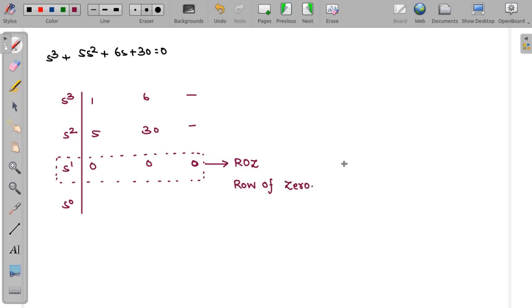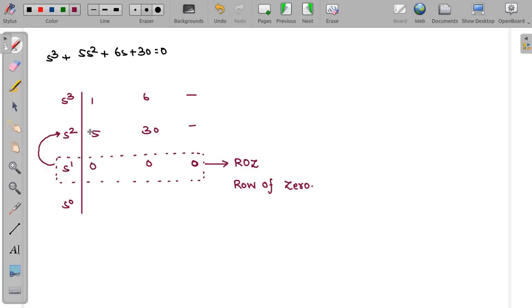And now how do we make our calculation about the stability? So it is very simple. We take into consideration the auxiliary equation. Okay. So auxiliary equation is just the coefficients of the row above where your row of 0 has occurred.